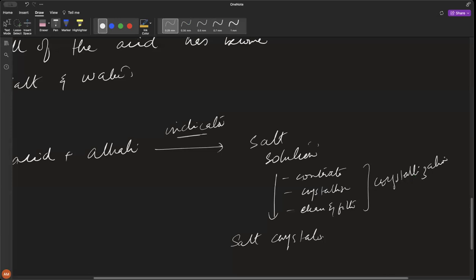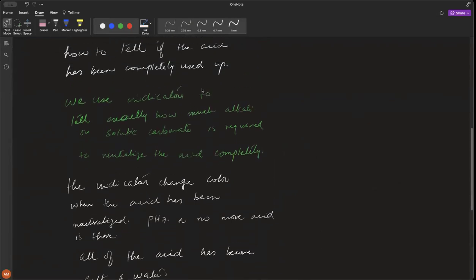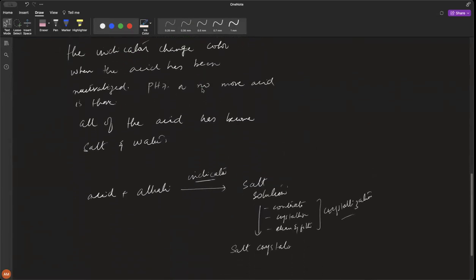Crystallization, right? Is this clear? Any queries? No, sir.